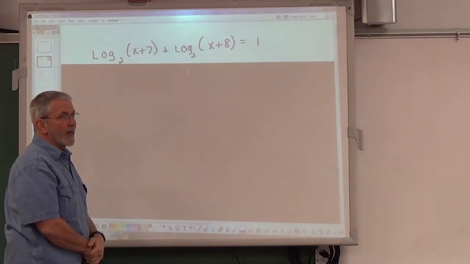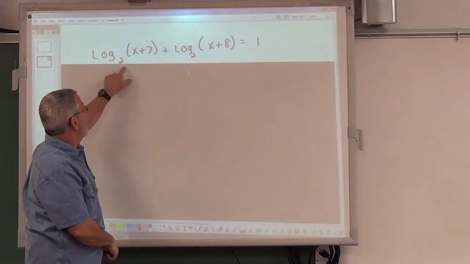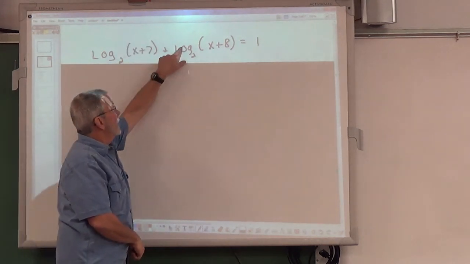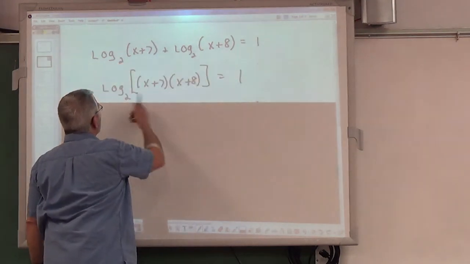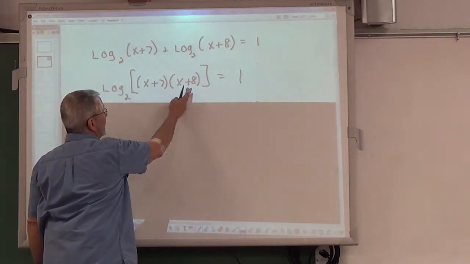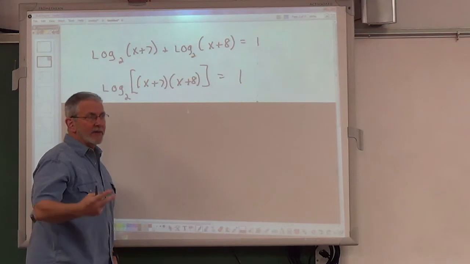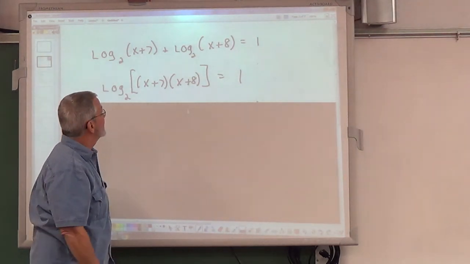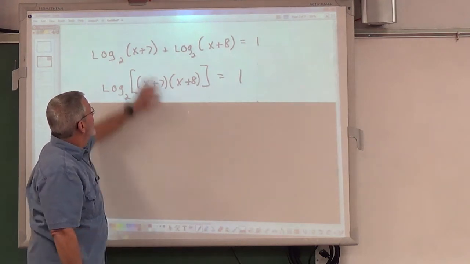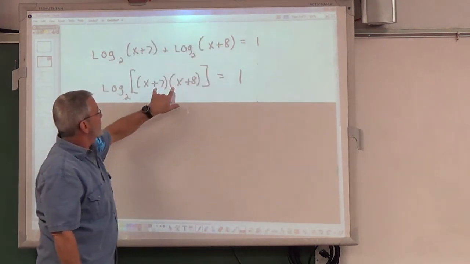If I remember that property, if I have log base a of m plus log base a of n, that's going to be log base a of m times n. I don't know what property number it is, but it is a property of logarithms.